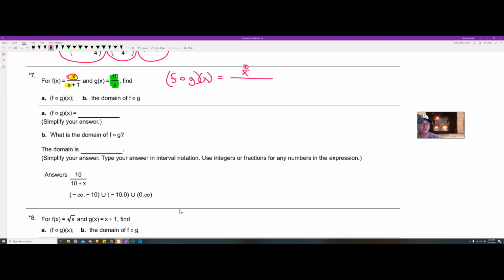And in the denominator, I'm going to have 10 divided by x plus 1. Now use the same technique we did earlier. To get rid of these fractions, multiply the top and the bottom by their denominators, which is both x. So those x's cancel, so that's 10 plus x. And up here, those x's cancel, and I'm left with 10. So that is my composite.